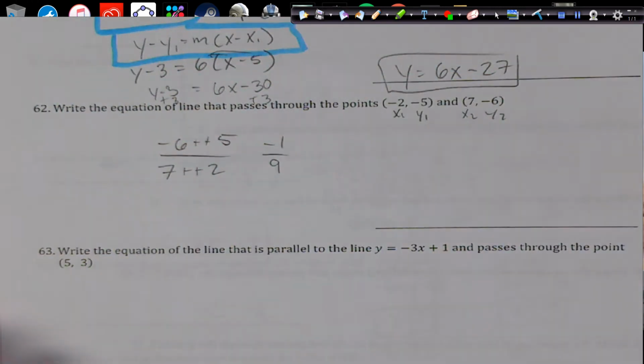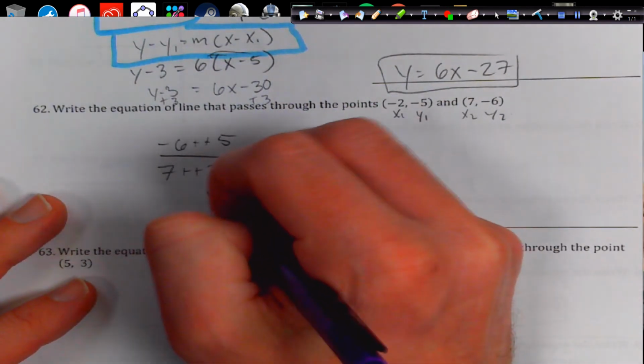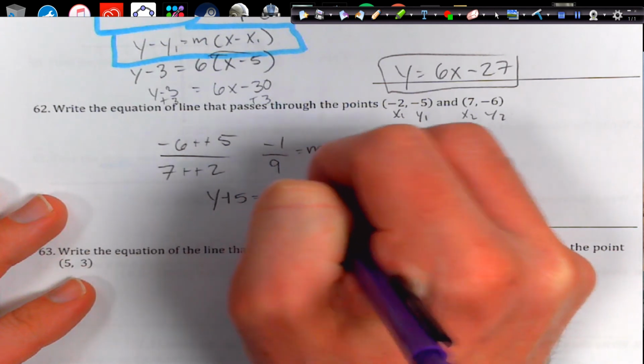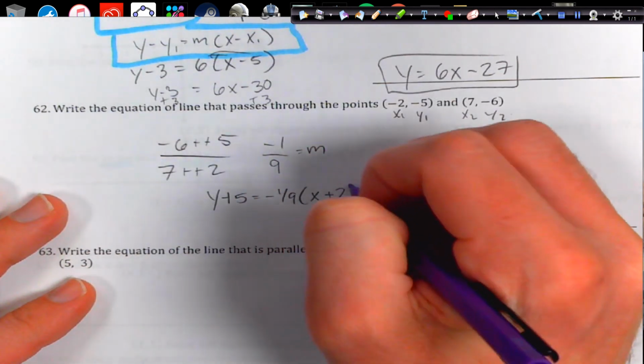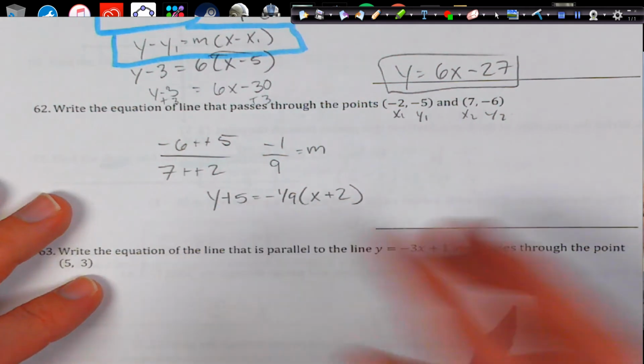And I got -1/9 as my slope. And we're going to plug in. Now my x and y were both negative, so the equation actually looked positive.